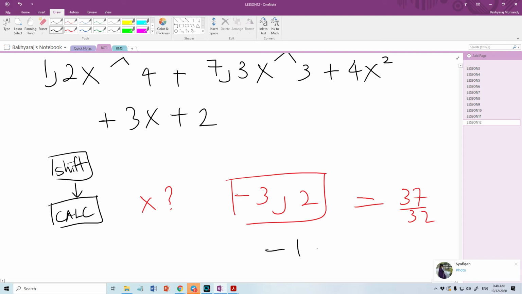This time with -1, then you get what? You get 7/6 lah. Betul? When you put CALC, tekan sama dengan -1, you get 7/6, right? So you tak perlulah type lagi sekali, lepas tu padam lagi sekali.